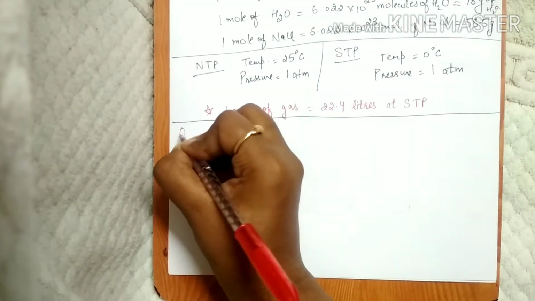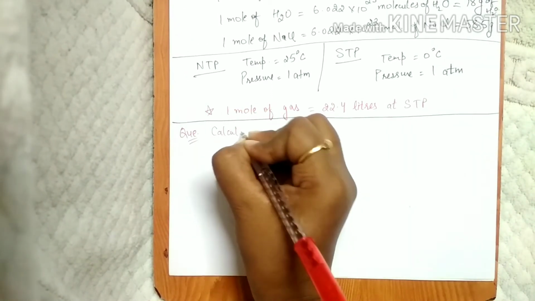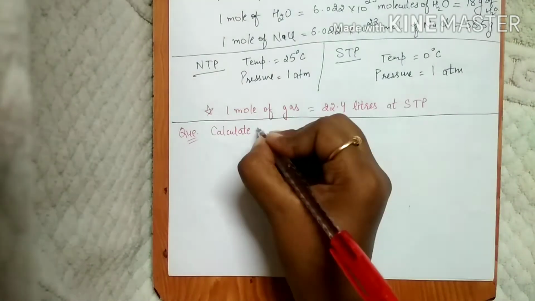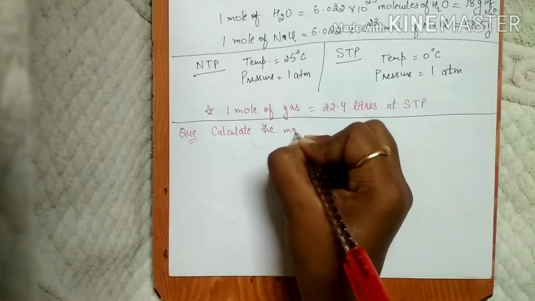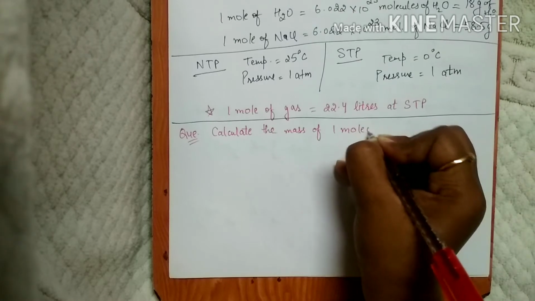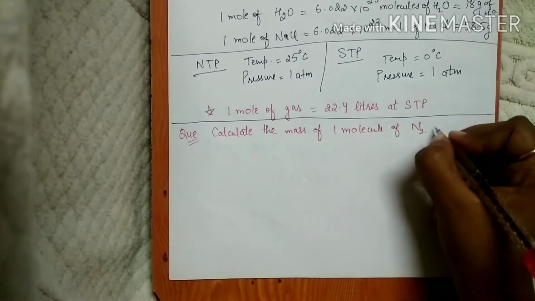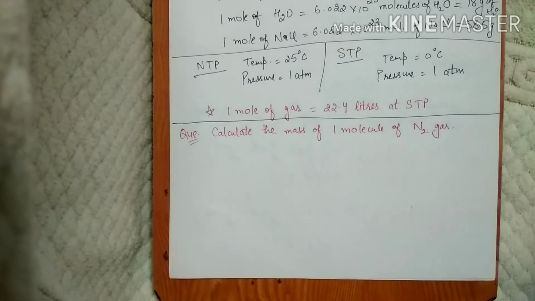Okay, so suppose we have been given a question: calculate the mass of one molecule of N2, nitrogen gas. So how to approach this?